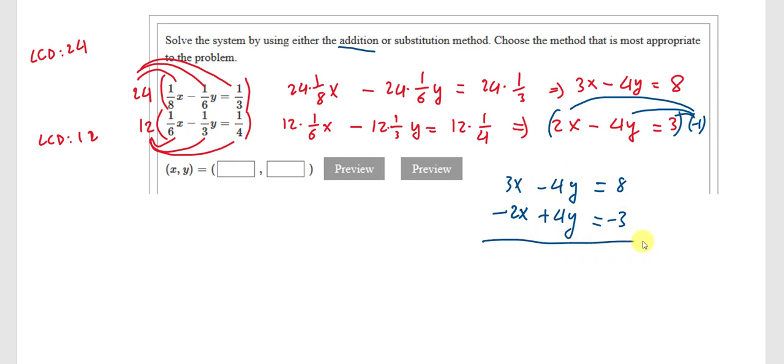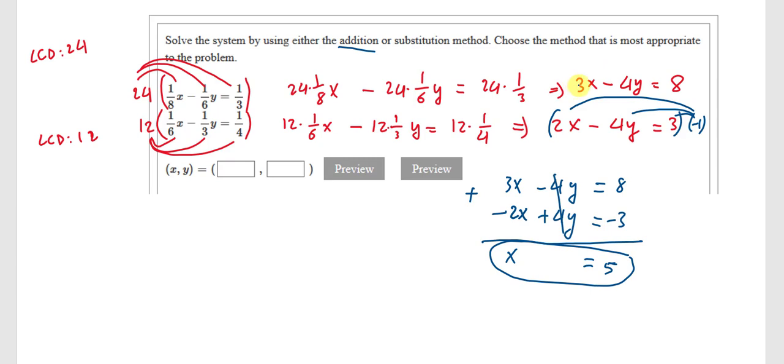And now we use the addition. That means we add them together. 3x plus minus 2x give me 1x. The y, minus 4y plus 4y, they are gone. 8 plus minus 3 give me plus 5. So x, the answer is just 5, right? Now once you get x, you can use one of the two equations here, and we solve for y.